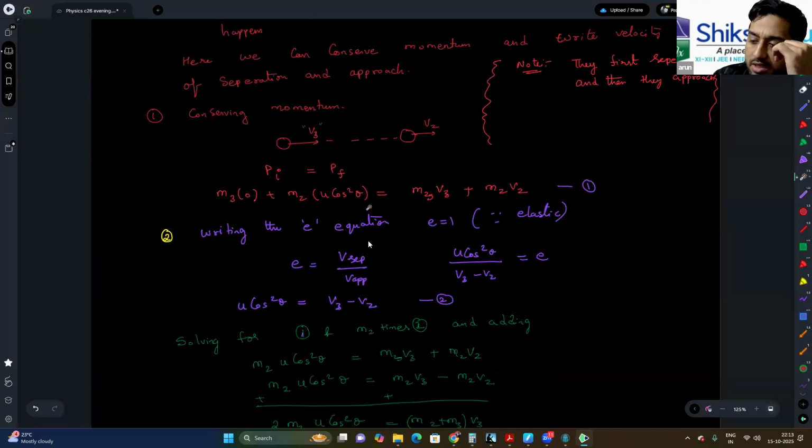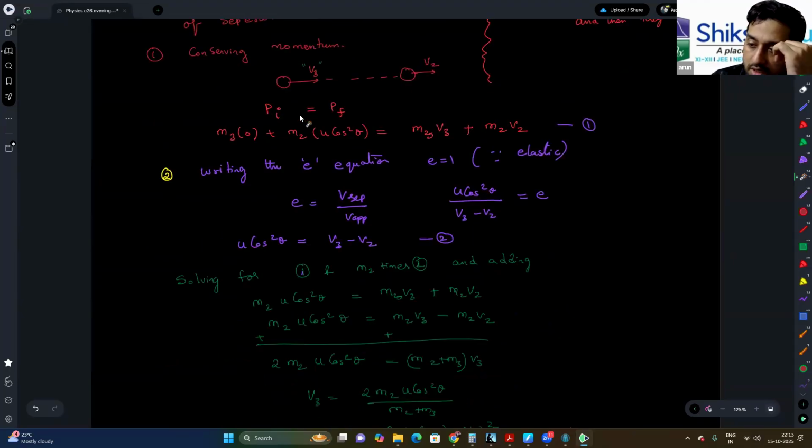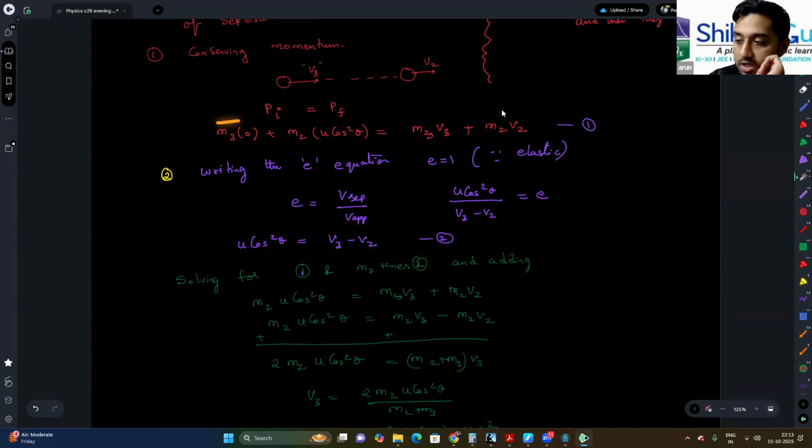Since in the equation of e the velocity of separation to approach ratio is always equal, any which way it won't matter. So V3 minus V2 will be the denominator, and the separation velocity here is u cos square theta minus 0, and thus the approach velocity will be V3 minus V2. So V3 minus V2 is in the denominator, u cos square theta in the numerator. This ratio is e.